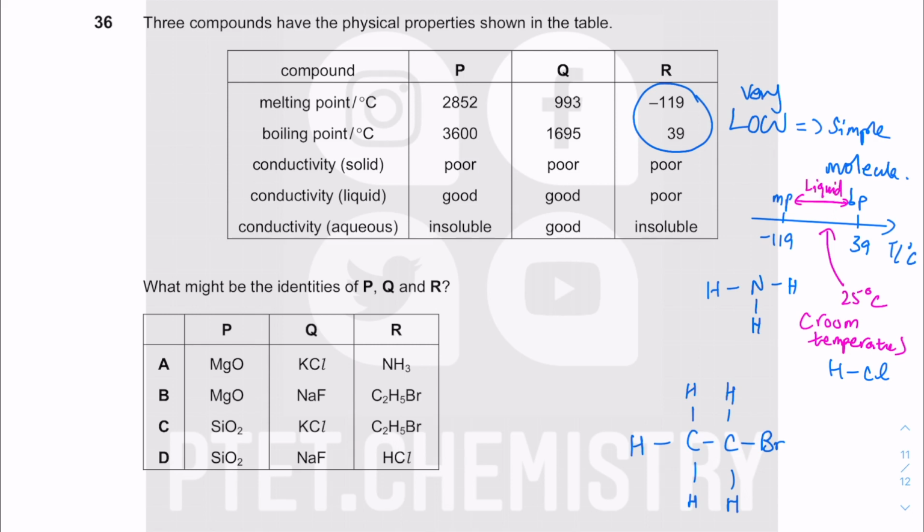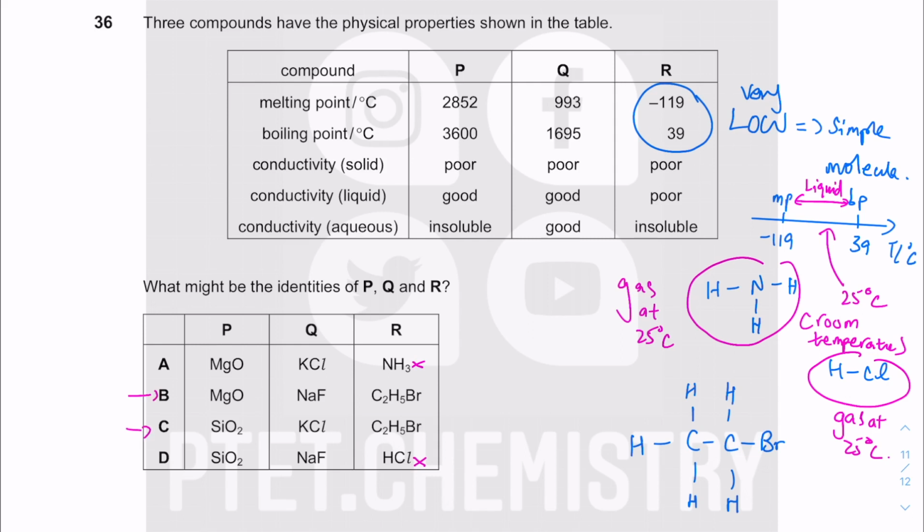Okay, so NH3 is a gas at 25 degrees Celsius. HCl is a gas at 25 degrees Celsius, which means not NH3, not HCl. You're looking at B or C, because that thing is a liquid at 25 degrees Celsius.